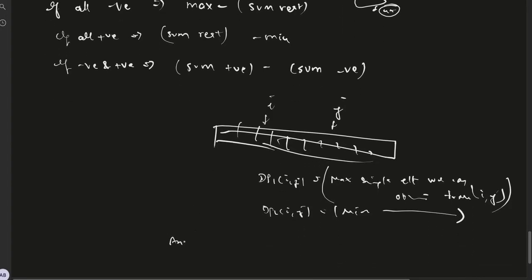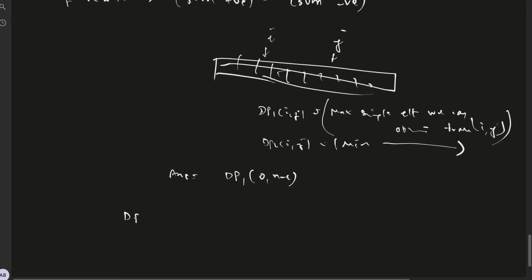The final answer would be DP1 of 0 comma n minus 1.